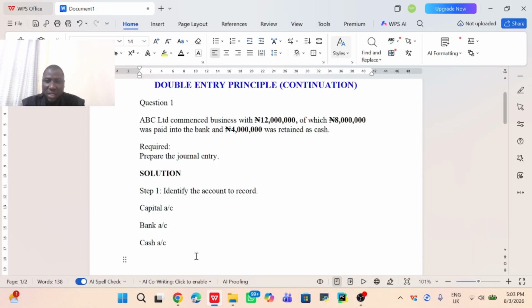Once you know that, then step two: identify the account to be debited or credited.